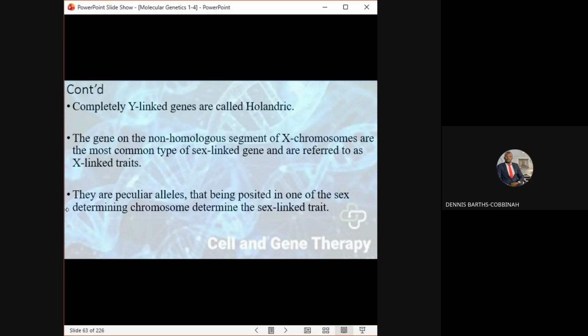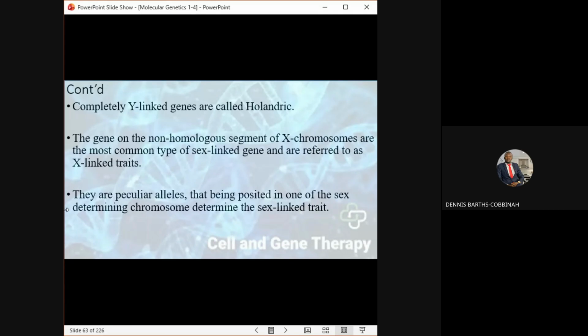The genes on the non-homologous segments of the X chromosome are the most common type of sex-linked genes, and they are referred to as the X-linked traits. Okay, so I think I have explained that there are certain genes that are present on the X and are not present on the Y, and they are referred to as X-linked characters, X-linked genes or X-linked traits.